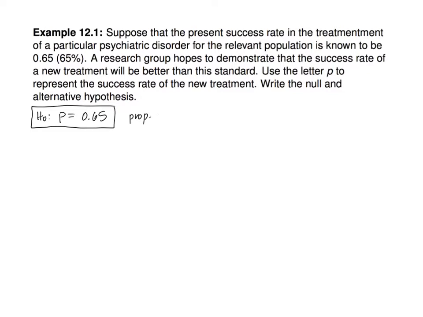Or the proportion of success on the new treatment is the same as on the old treatment. Is it wrong to say less than or equal to? Less than or equal to is also fine, as long as you get the or equal to with this one.